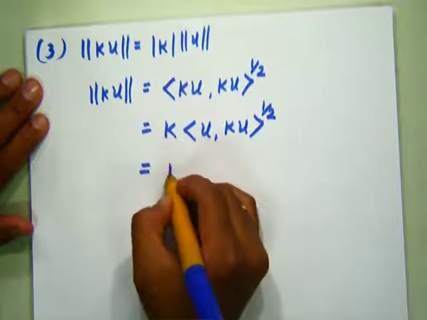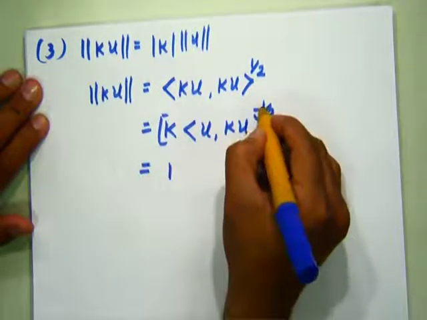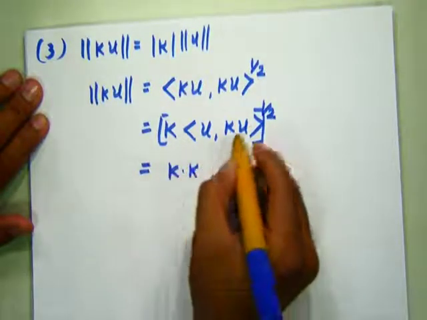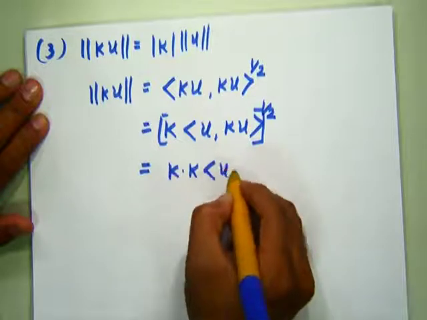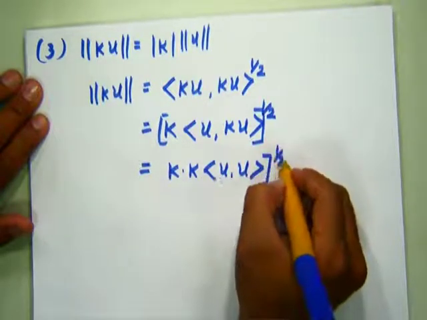Then again this K comes outside of the inner product, and the rest is raised to half.